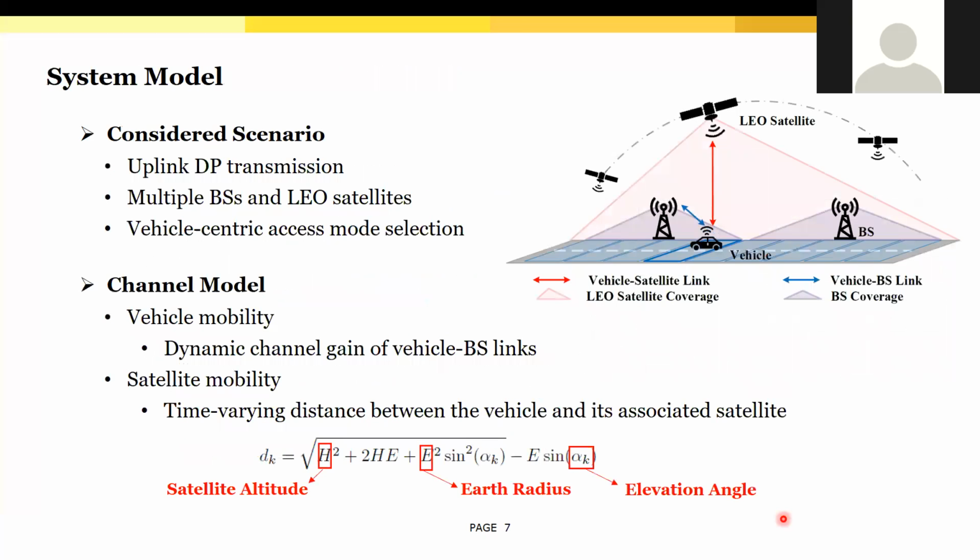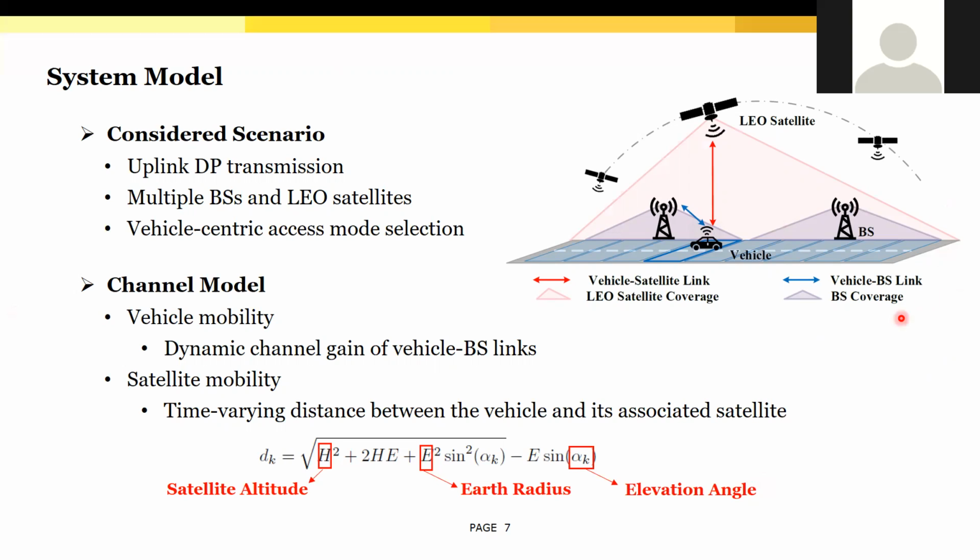Then I will introduce the specific system model of this work. We consider SGIVN with several terrestrial base stations and LEO satellites as shown in this figure. The LEO satellites in a satellite constellation follow the same trajectory, with each vehicle traversing the roads.